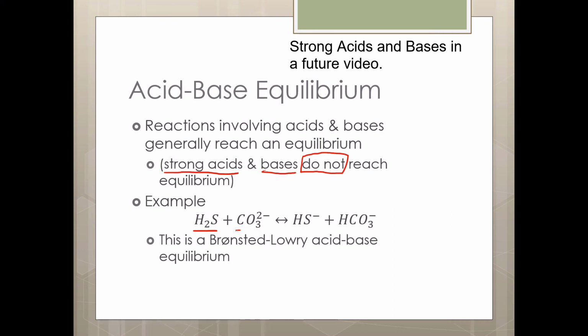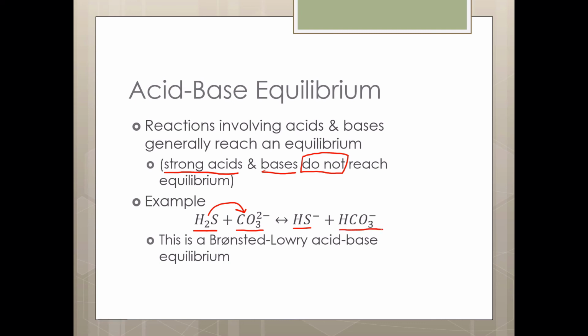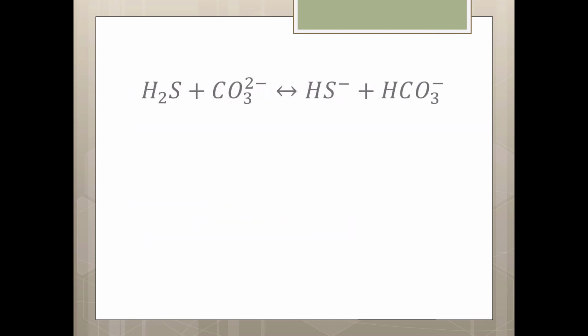When this combines with, say, a carbonate ion, the hydrosulfuric acid will donate one of the hydrogens there to become this, and then the carbonate becomes that. So there's an equilibrium. Notice that rather than having a single straightforward arrow, we have the equilibrium arrow. Now, going along with this example, we can see that we have a forward reaction, and then we also have a reverse reaction.